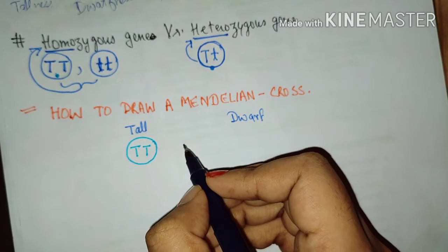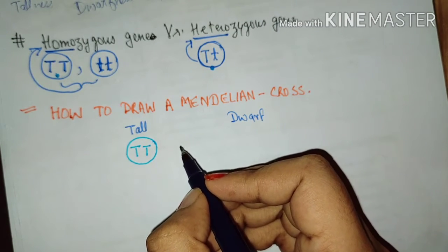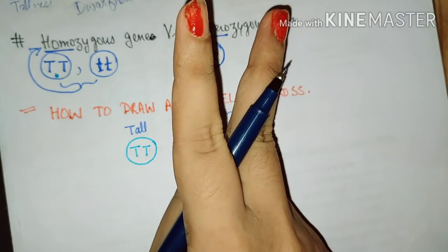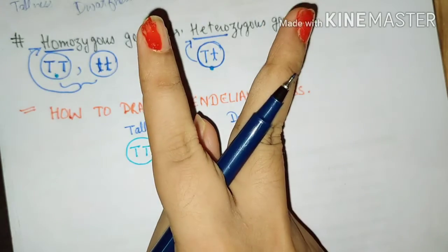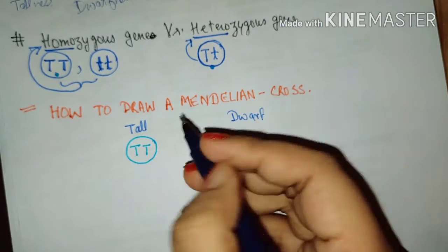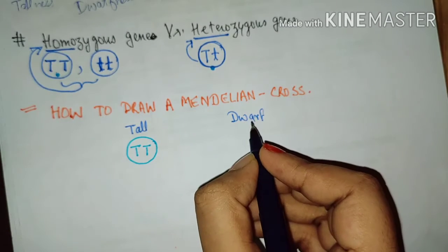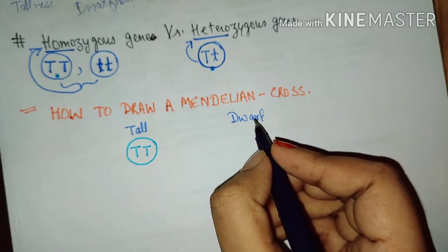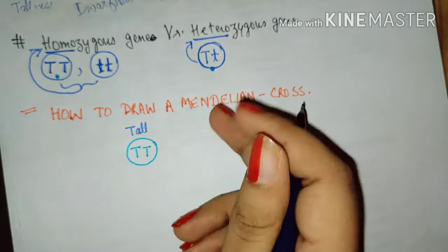So what Mendel did for the pea plant: for a cross you know that two individuals or two parents will be required, one male parent, second female parent. For his experiment, Mendel chose the tall pea plant and the dwarf pea plant. One parent was tall, the second parent was dwarf. So this cross is basically the monohybrid cross.